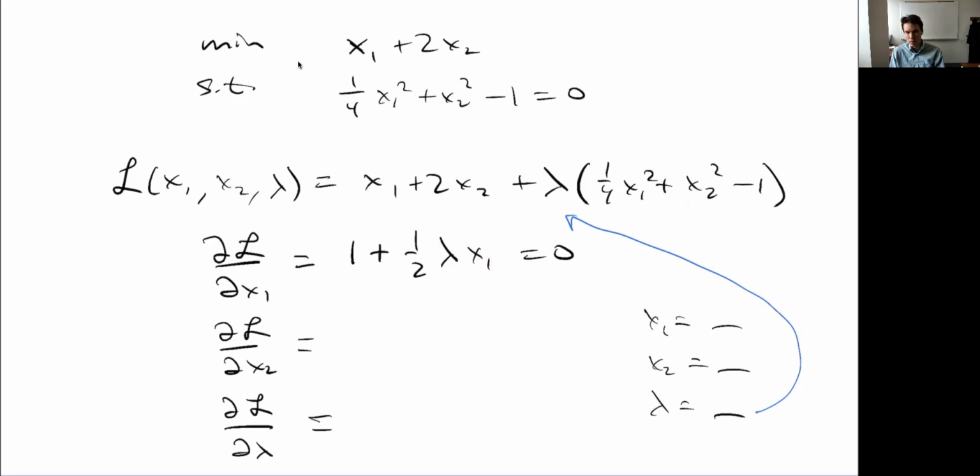It's still fairly doable for equality constraints, but as we'll see, it gets more complicated for inequality. And so we're going to have a different procedure than just take partial derivatives, set them all equal to 0 and solve a big set of nonlinear coupled equations. All right, so next time we'll get into inequality constraints.